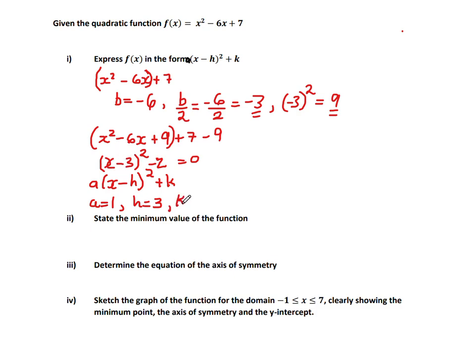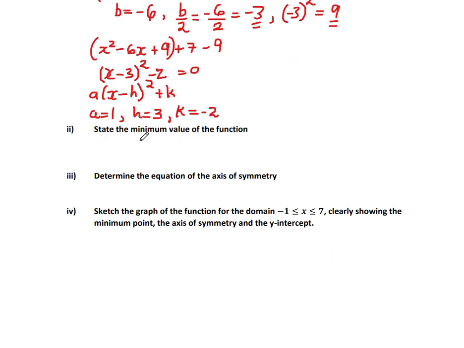And we know that k, which is the constant here, is negative 2. So this is the result of writing the quadratic equation that we are given in vertex form, a into x minus h all squared plus k. So that completes part 1 of the question.